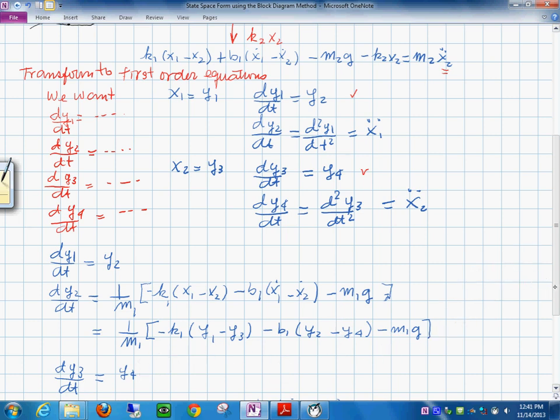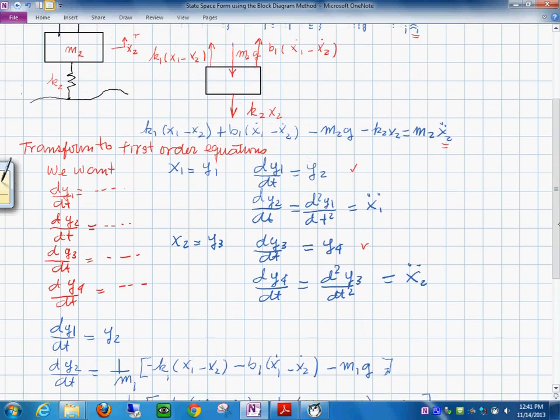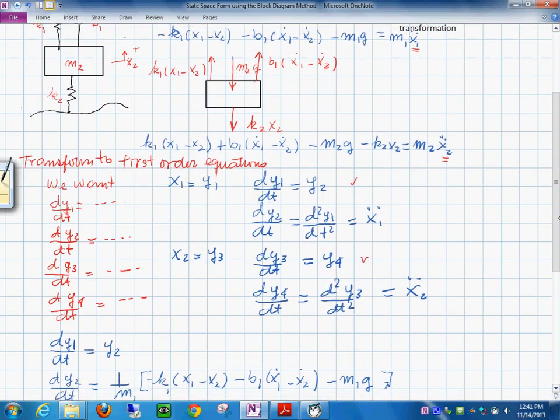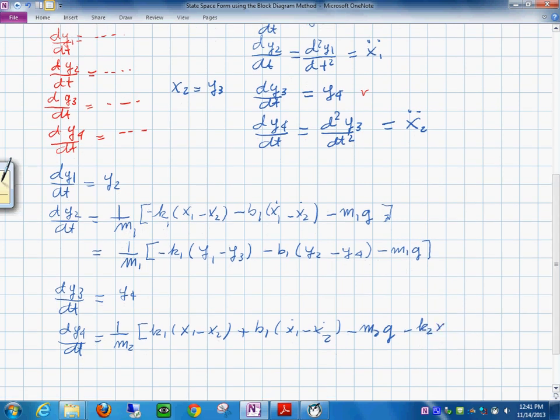Minus k sub 2, I'm just going to write it down as it is. X sub 2. But you could, this is going to be 1 over m sub 2 times k sub 1 times y1 minus y sub 3.